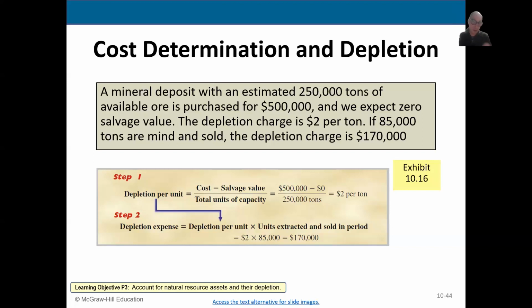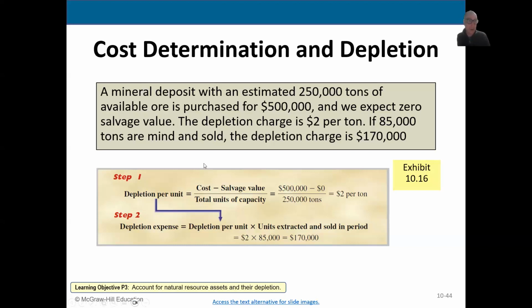So we take that depletion per unit times the number of units we extracted from the ground. 2 times the 85,000 is 170,000.